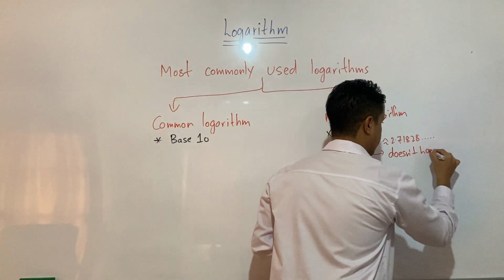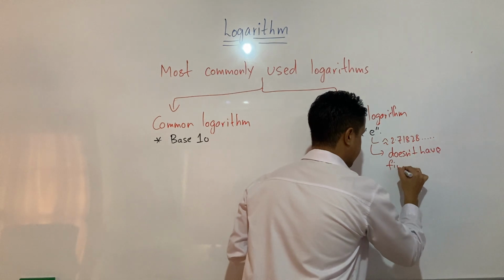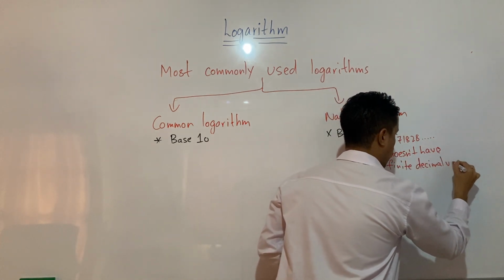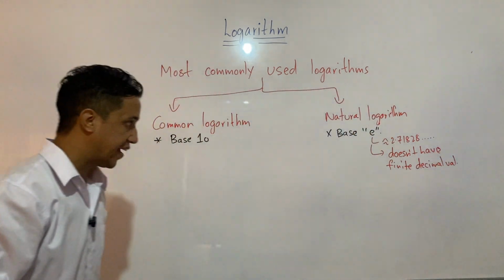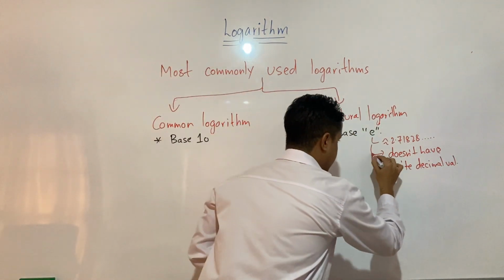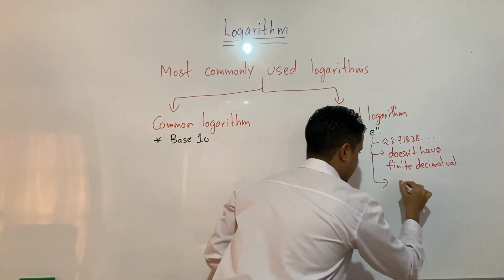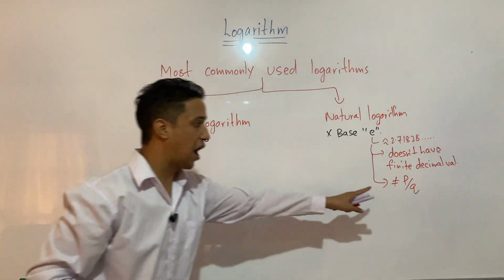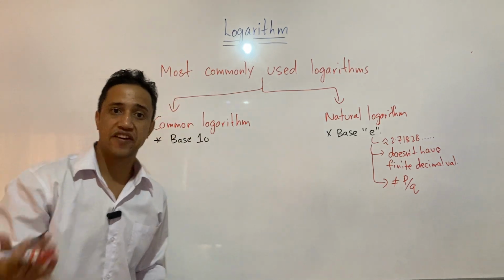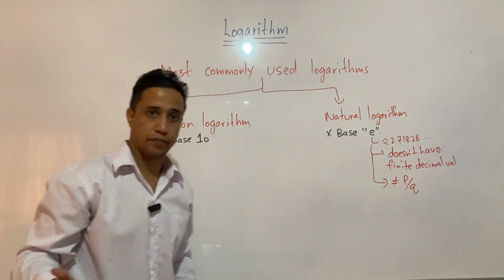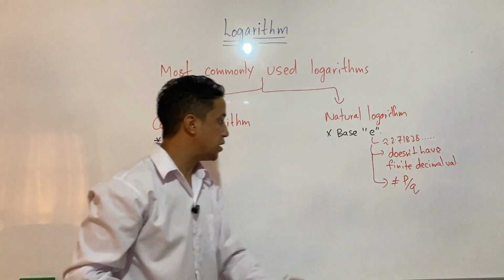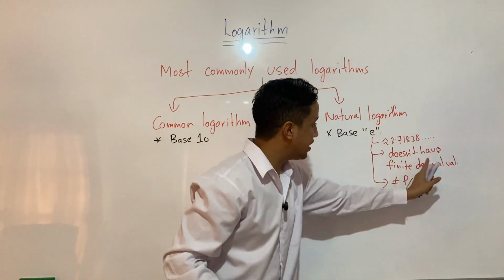It is an irrational constant, meaning that you cannot represent it in the form of p by q. Because you cannot represent it in the form of p by q, it does not have a finite decimal value.